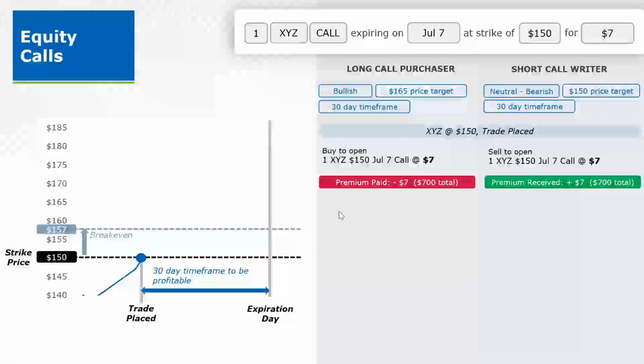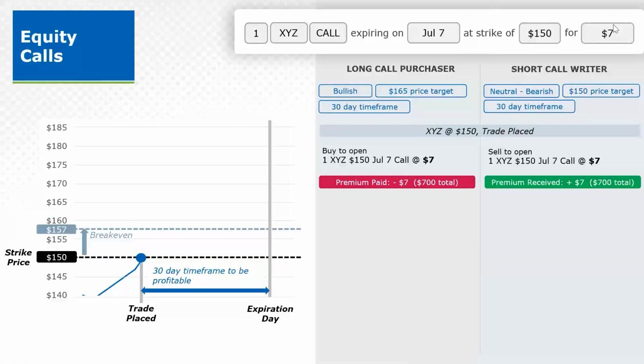Okay, so moving on to the strategy itself, and really comparing the two different types of trades that you can do with a call option. You can either buy to open or you can sell to open a call option. So we have a very similar example of XYZ stock, and we are buying or selling a call option with an expiration date of July 7th, strike price of 150, and an option premium currently worth $7.